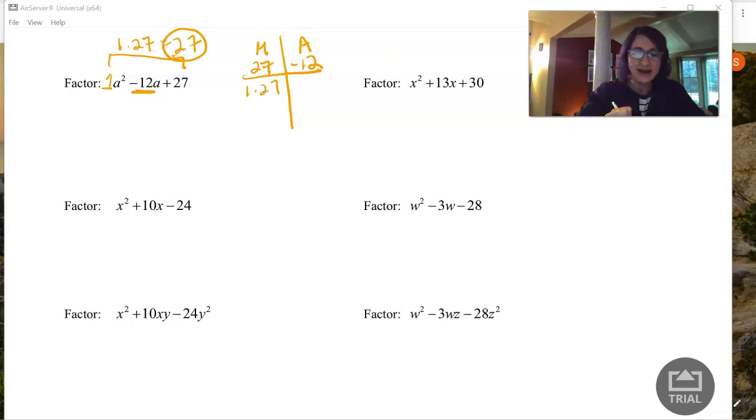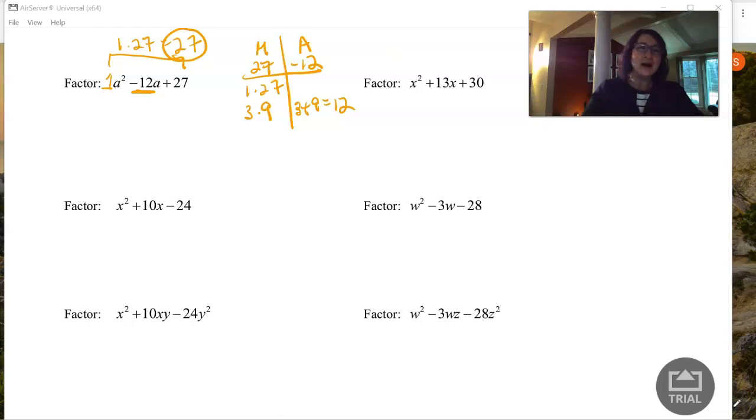1 times 27. Then you ask yourself, does 2 divide into 27? Nope, 3 does. 3 times 9 is going to give us 27. All right, that 3 and 9, if you add those together, you get 12.